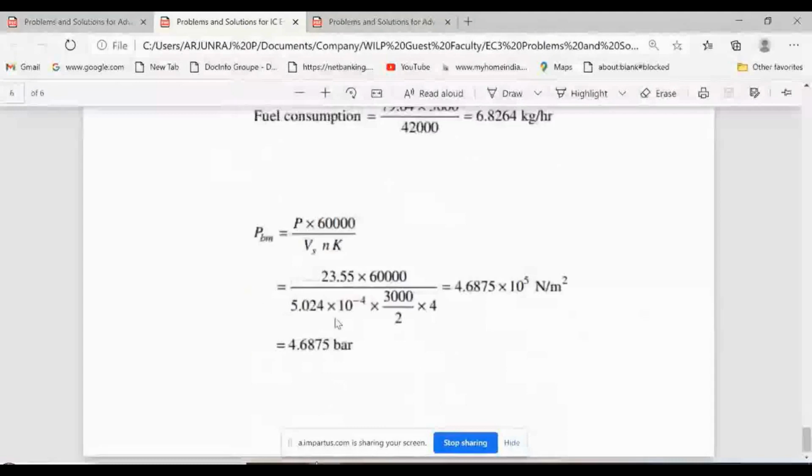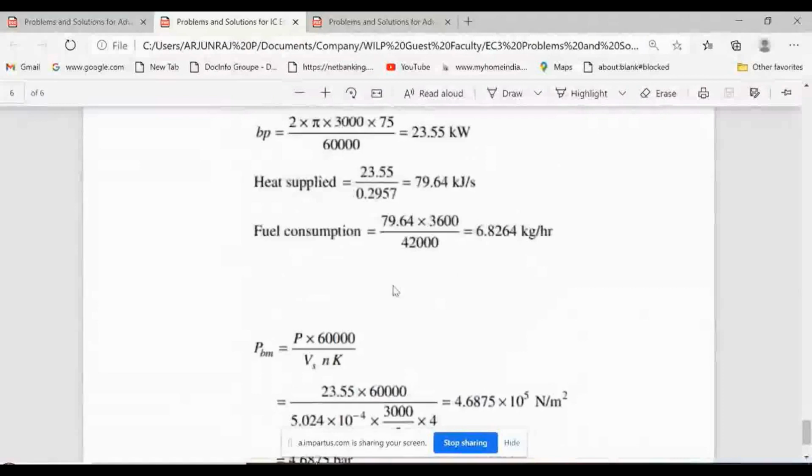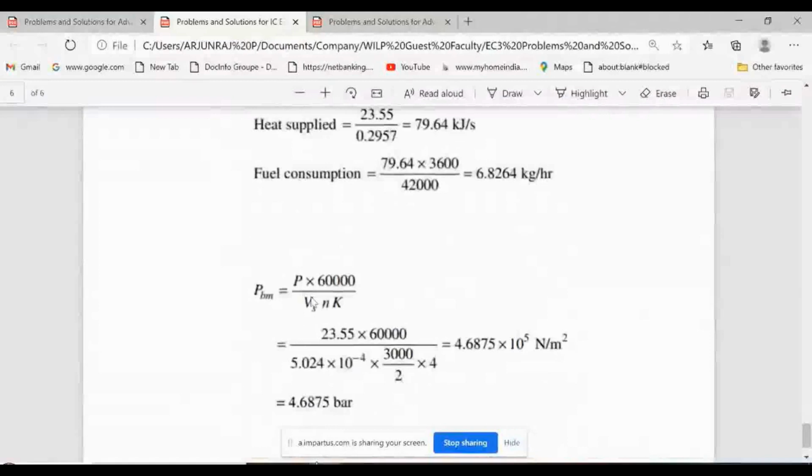And they are also asking to calculate the brake mean effective pressure. One of the things they are asking to calculate is the brake power. 23.5 is the brake power, times 60,000, divided by pi by 4 d square L, which is the stroke volume.